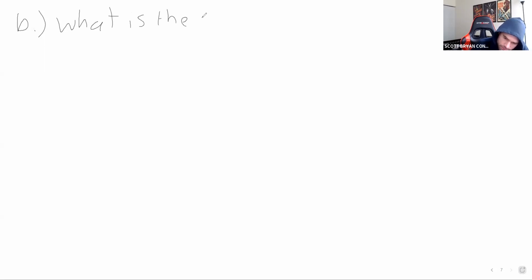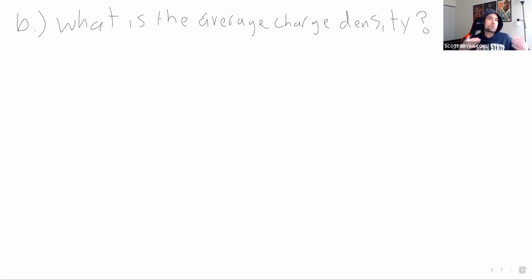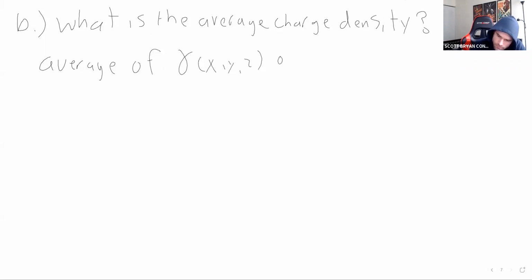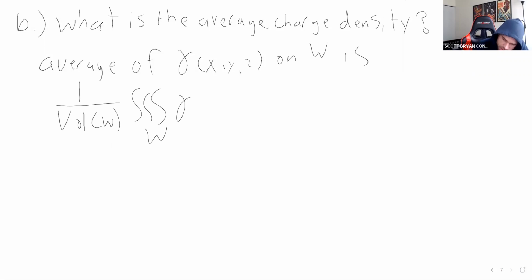So what is the average charge density on the region? Okay, so remember the average of a function, in this case the charge density, on our region W is going to be 1 over the volume of W times the integral over W of the charge density.